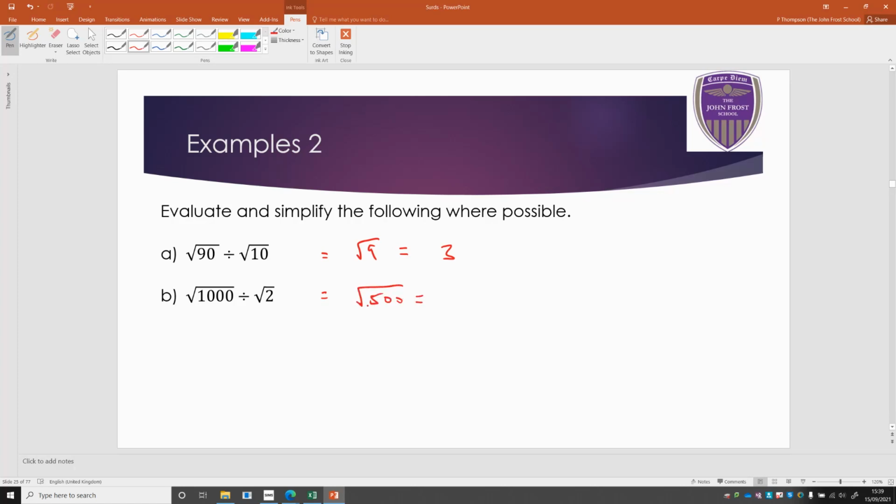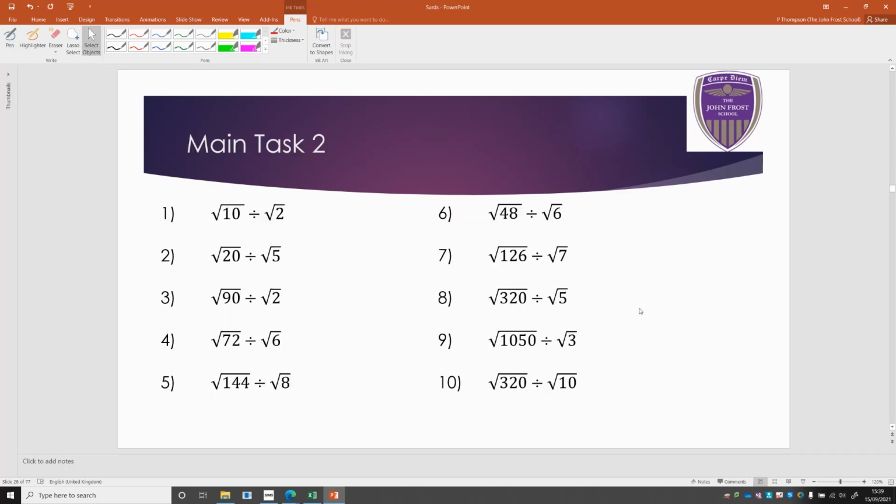Remember, if it ends in 2 zeros, you can break it down using 100. This is 100 times 5. Root 100 is 10. So this actually is 10 root 5. Easy. If you can multiply, you can divide. Okay. Second main task then. Here we go. Pause the video, have a go, come back when you're ready for the answers.